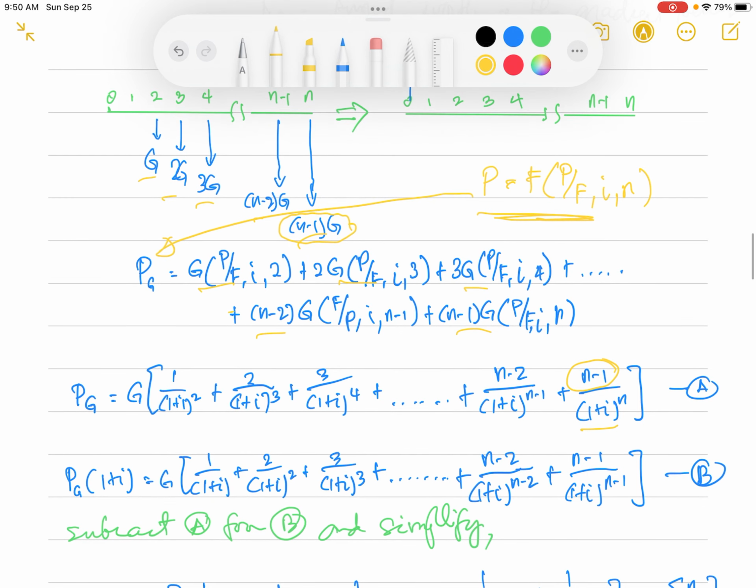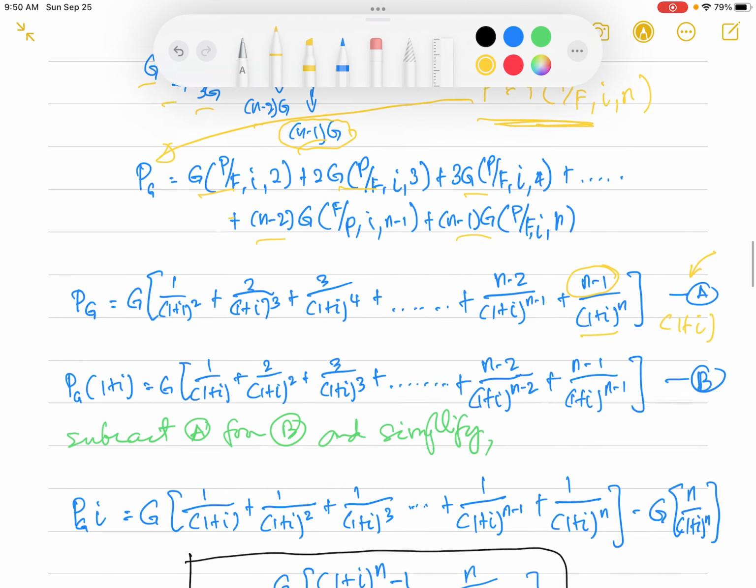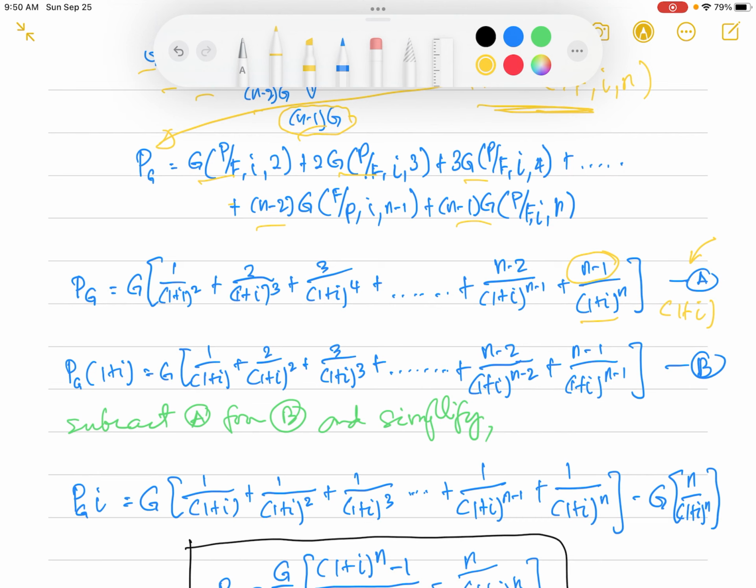By basically multiplying equation A by 1 plus i on both sides of the equation, you will end up with equation B. If you notice, when you multiply by 1 plus i, this becomes 1 plus i, because it cancels the first power exponent, and so on and so forth.